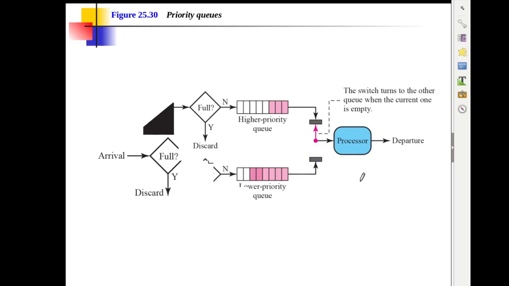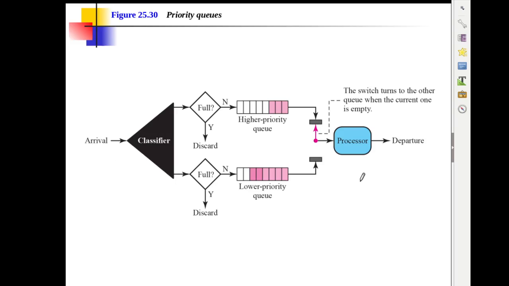Another option can be a priority queue, where when the packets are arriving, we will check their priority, and based on their priority they can be transmitted in a different queue, and the data with higher priority will be sent first.